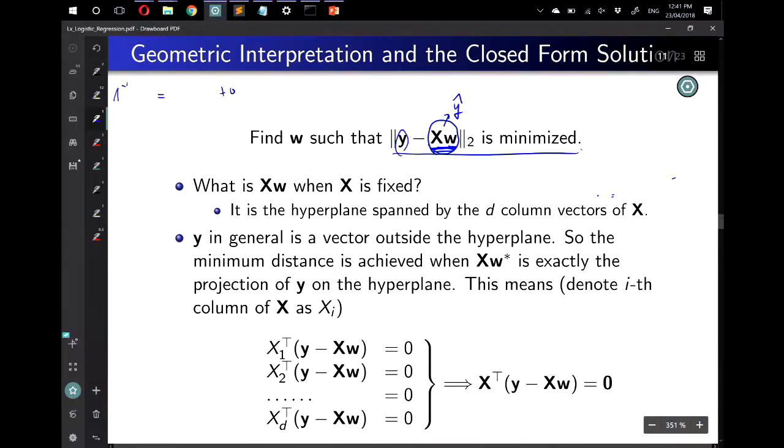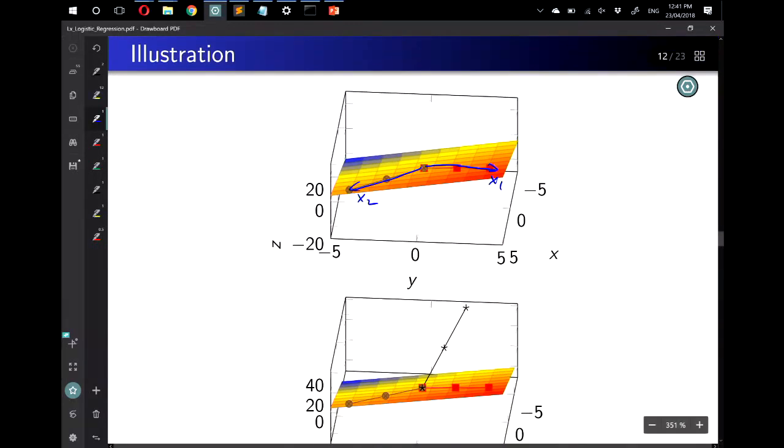In general, we have some Y, which lives in the output space. Here the space is 3 dimensional, because that's all I can show; it could be 4 or 5 dimensional. So you can think about Y living in the output space, while XW, for any W, lives in a space which is spanned by the columns of X. In general, there is no way you can make them the same.